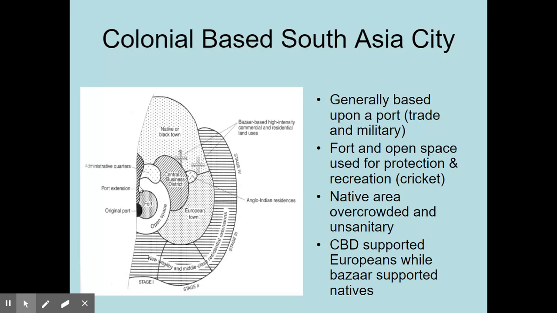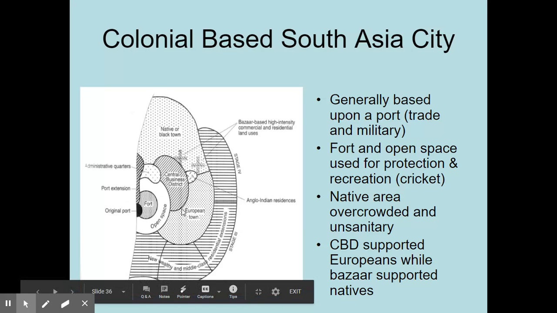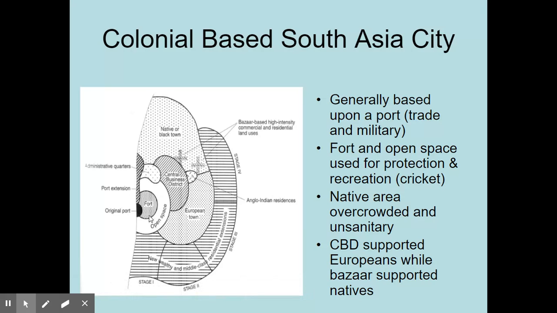And it's very much organized around the port and where that seaport is. And so the Europeans almost have reinforcement the closer they are to the port, to allow for some backup, since they're infiltrating a place that's very different and new. And then the native area would be where it's more overcrowded and unsanitary.